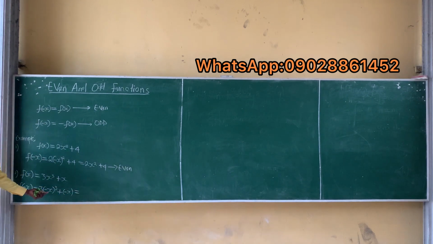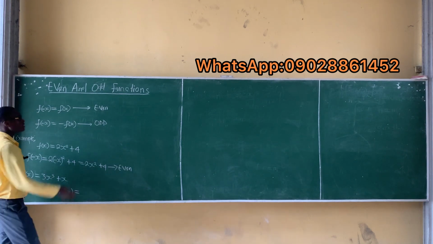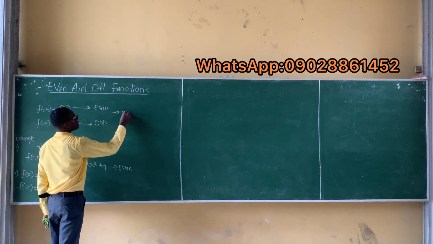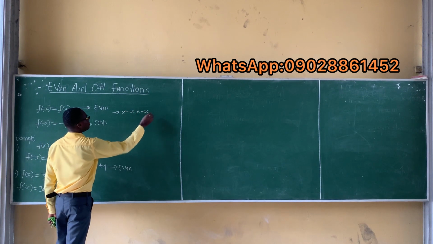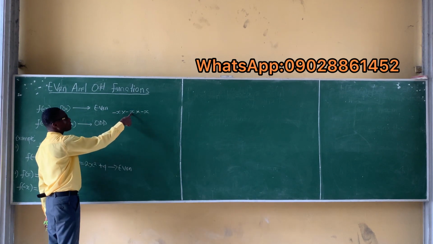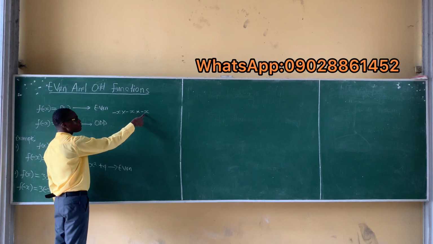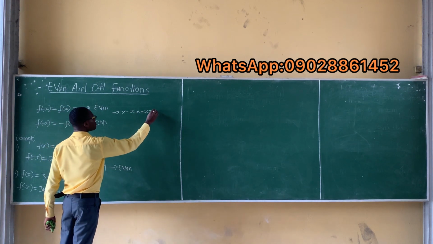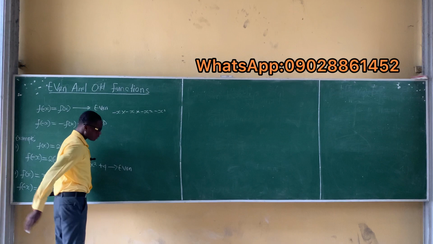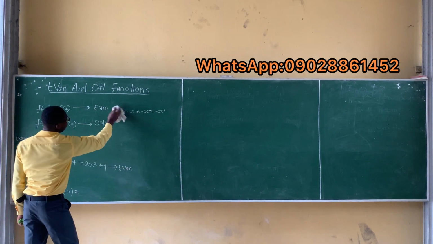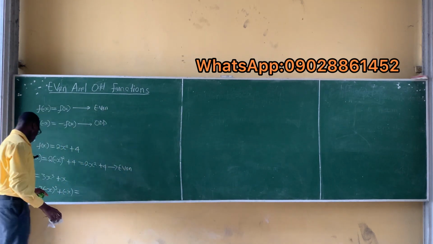Minus x to the power of 3 will give us minus x cubed, because 3 is an odd number. It's just like saying minus x times minus x times minus x. Minus x times minus x gives x squared, and x squared times minus x gives minus x cubed. So that is what we have.